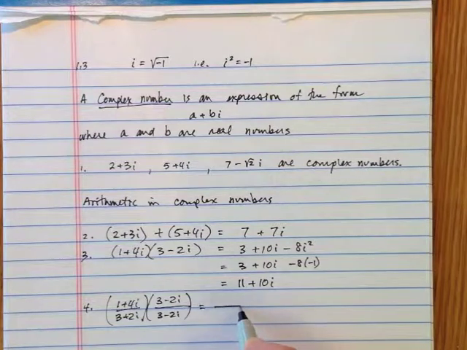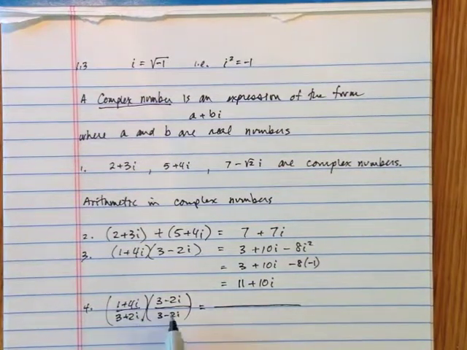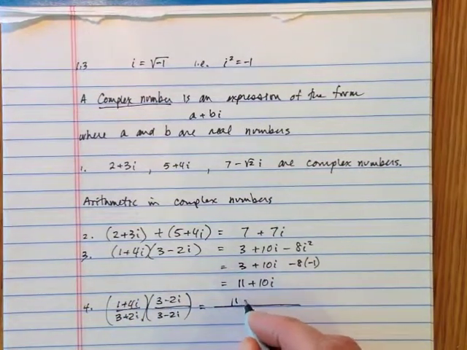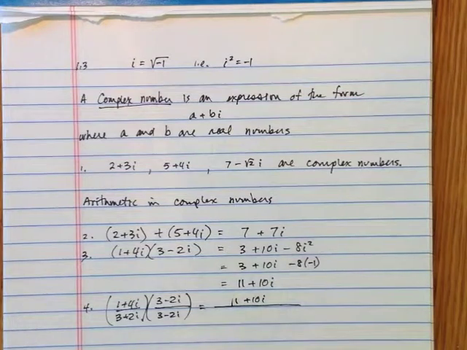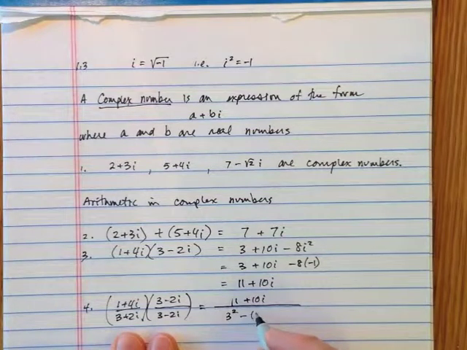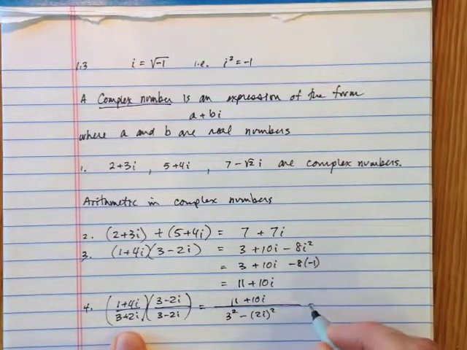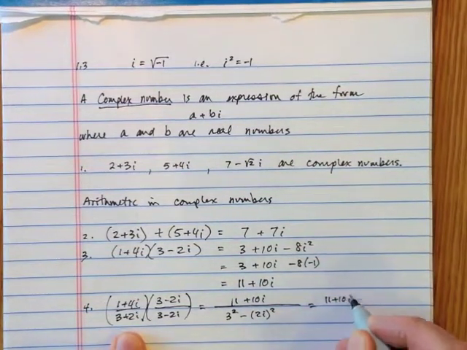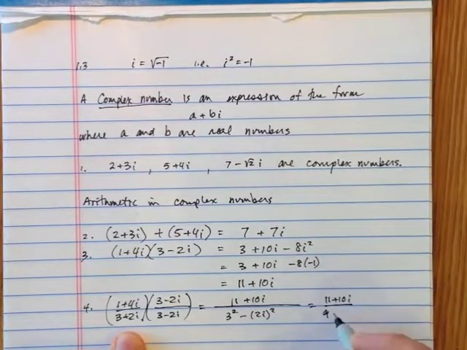Why do that? Well, the top I have to FOIL out. Luckily for me, I just did the top. Example number 3 is exactly this numerator, so I know the top is going to be 11 plus 10i. But what happens at the bottom? Something magical, because look, it's a plus b times a minus b. It must be 3 squared minus the square of 2i. That's 9 minus 4i squared.